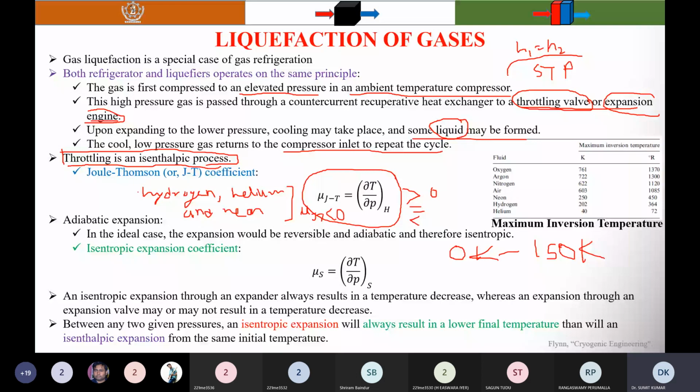Some materials are brittle at ambient temperatures but ductile at low temperatures. So material properties also change within the cryogenic temperature range. And this 150 Kelvin, as I discussed in the first lectures on cryogenics, is not a fixed temperature.